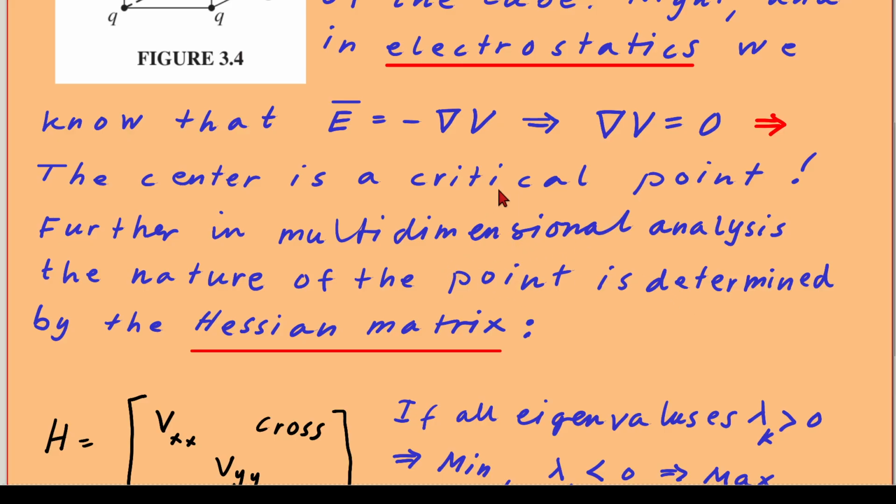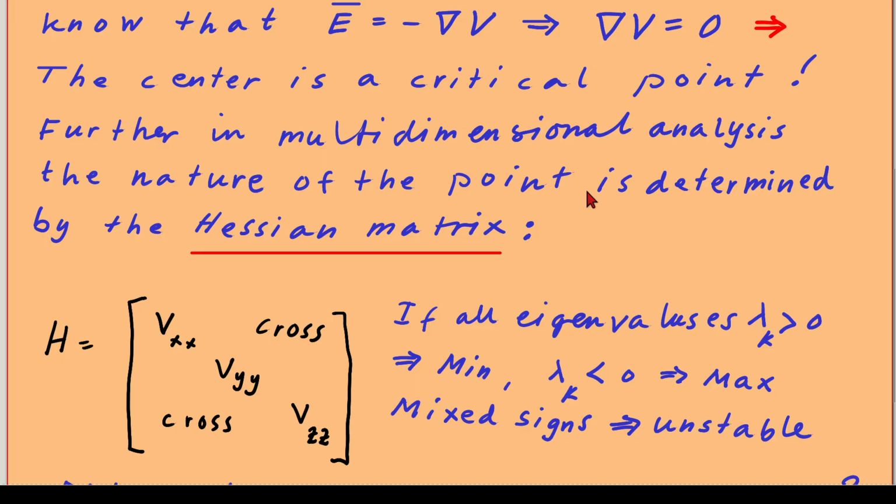And unfortunately, it's not just taking the derivative again and finding out if it's greater or less than zero, because this is a multidimensional problem. So we do it in analysis by looking at the Hessian matrix. It's given by this.